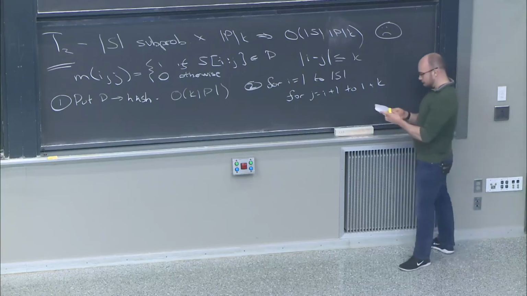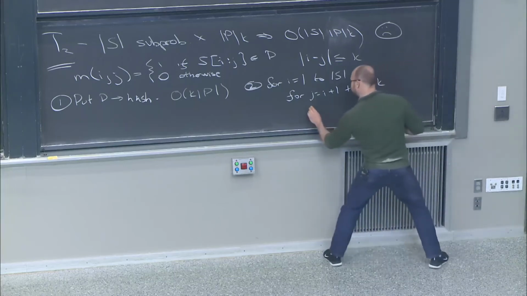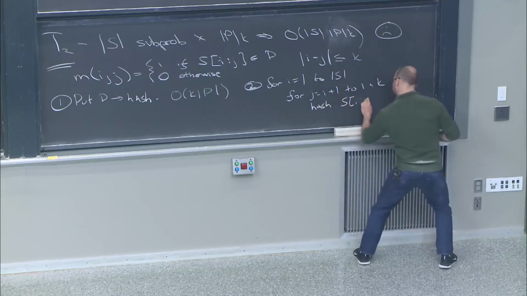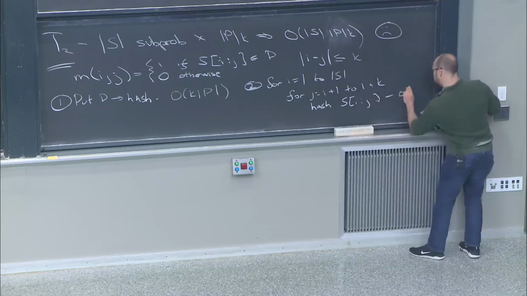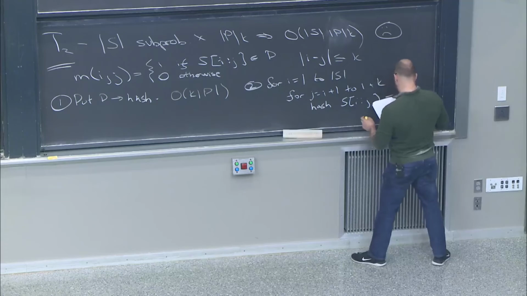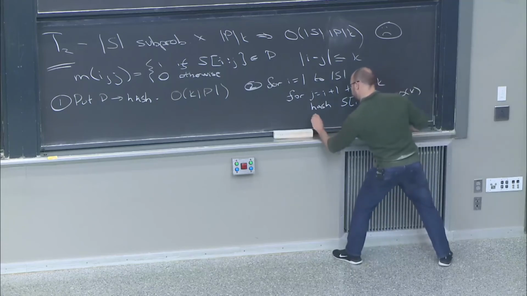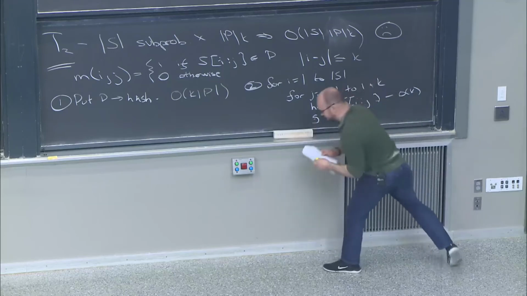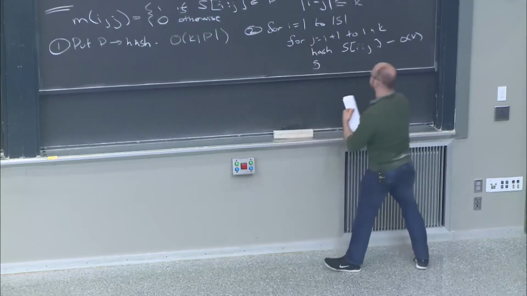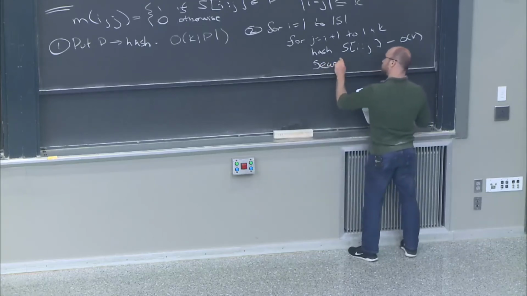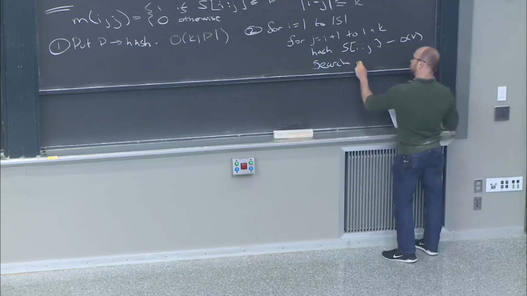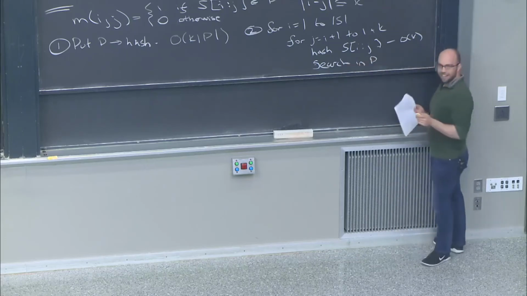And now I can do two things. I can find the hash of the string from i to j, which is going to take order k time. And I can search for it to see if it's actually in our hash table of P. If it is, then I set m equal to 1.